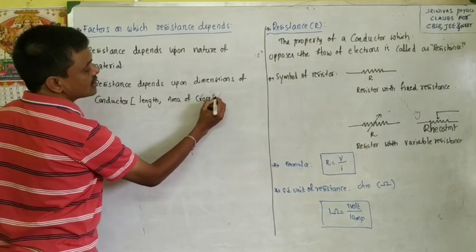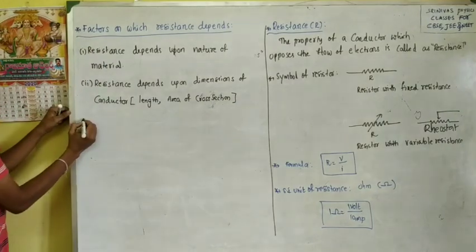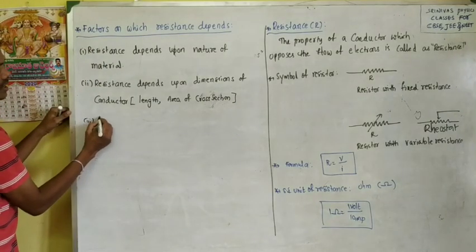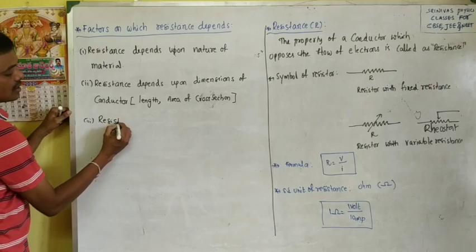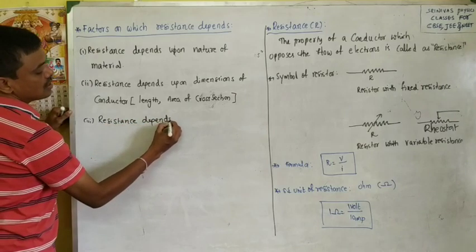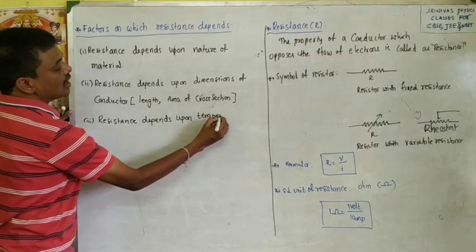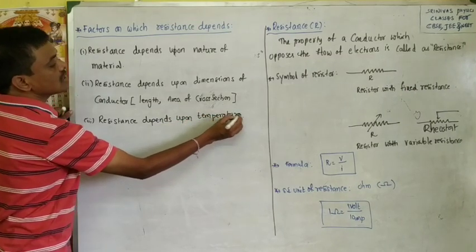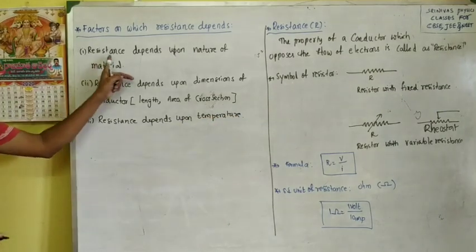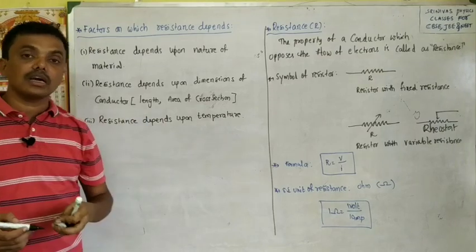And the third point is that resistance also depends upon the temperature. These are the factors on which the resistance depends: the nature of material, the dimensions, and the temperature.